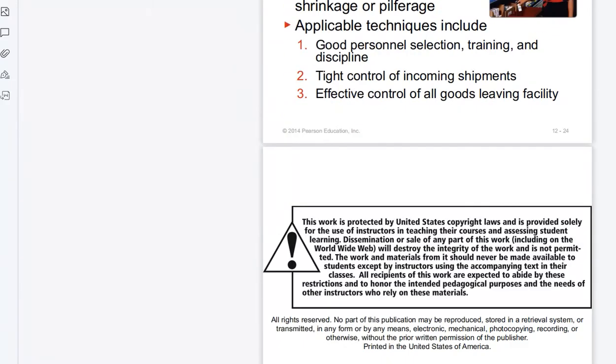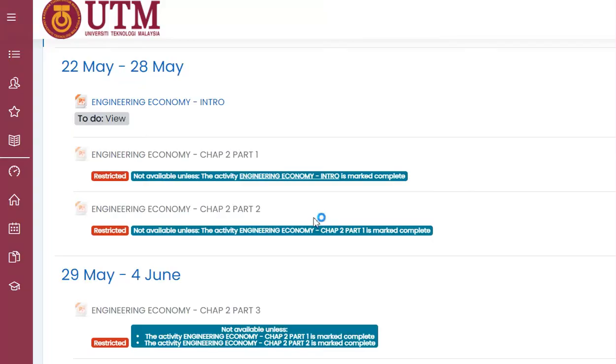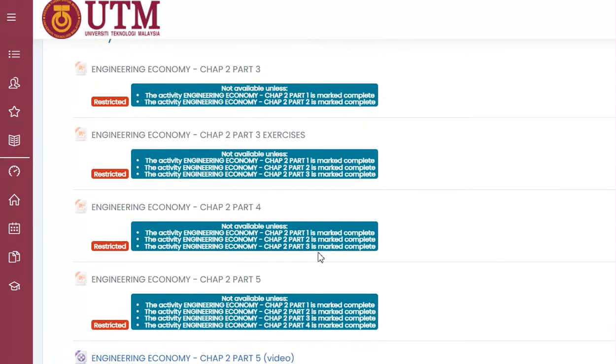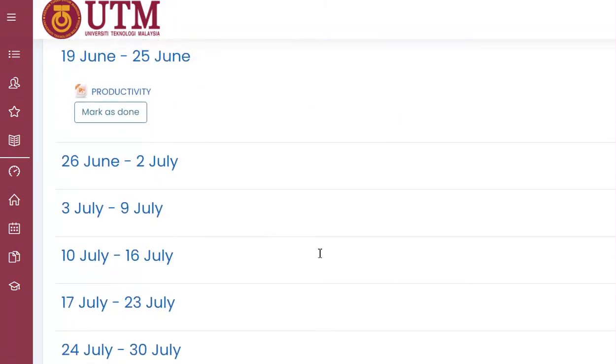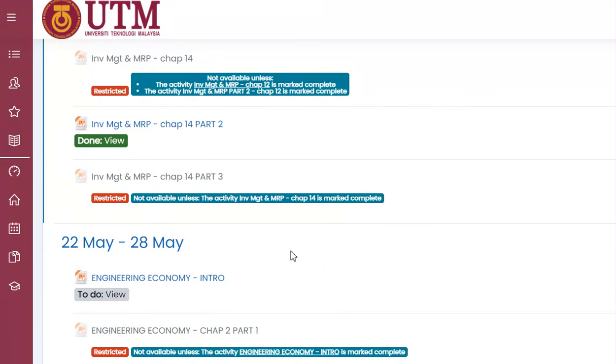So how many product A that has to be manufactured? So we call it net requirements of A is 40 units total. And when it should be ready, this product A, it should be ready by week 7. Okay, tengok A mesti kena selesai.